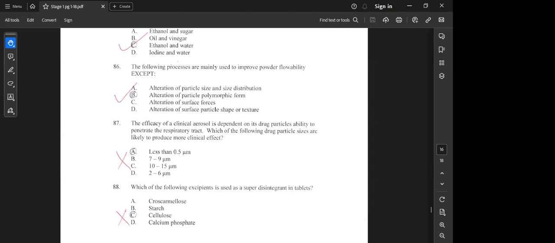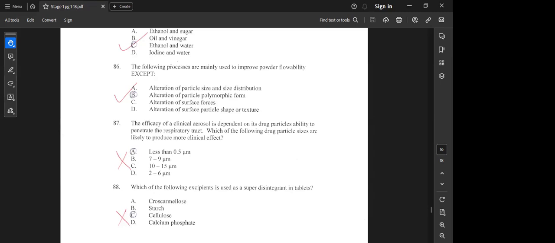Magnesium stearate, what was it used for? As a lubricant or glidant. The lubricant. What about calcium phosphates? Phosphate, I'm not sure.